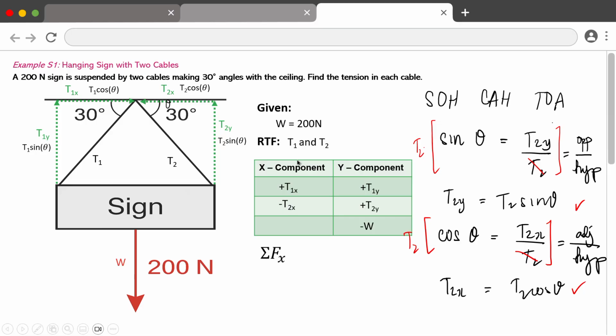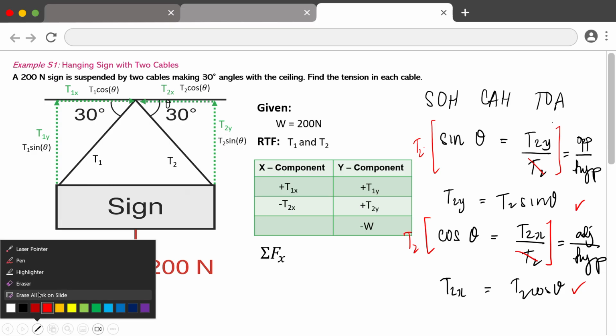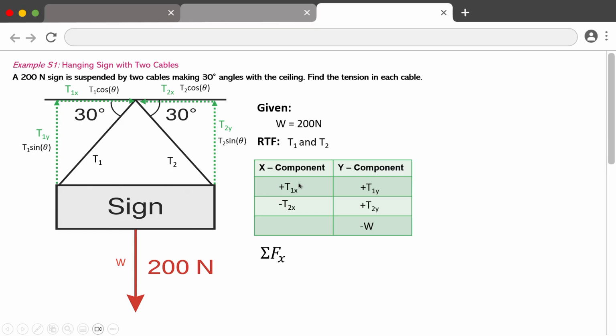Looking at our table, for the first column, we have the x component given by the x components of the tension forces T1 and T2. So remember, we represented T1x and T2x in terms of T1 cosine theta and T2 cosine theta.